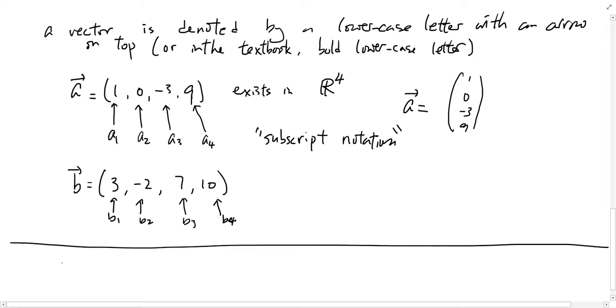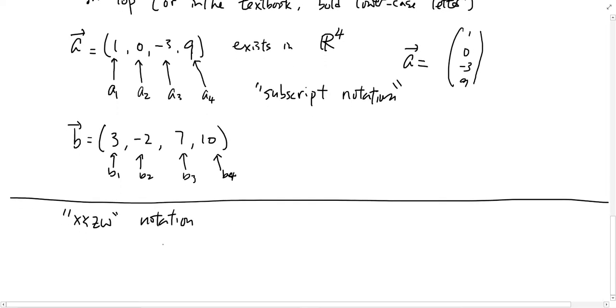So we also could have something called XYZW notation, where in R2 we will call our vector using XY. In R3, we'll call our vector XYZ. And then in R4, please don't get confused.